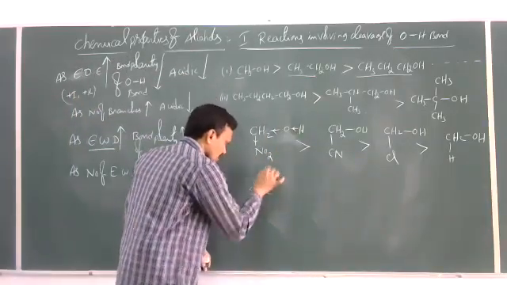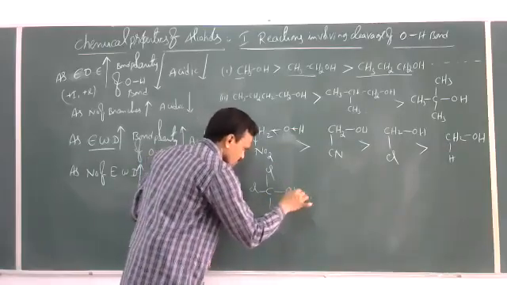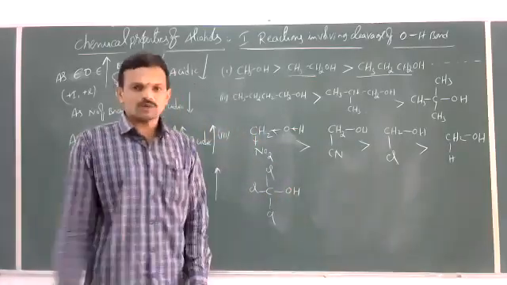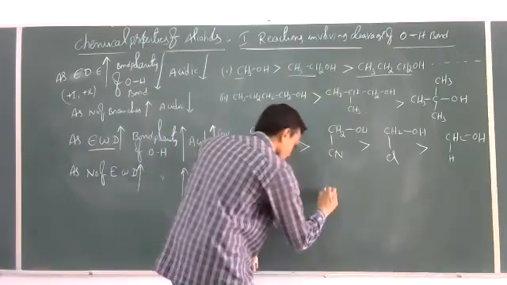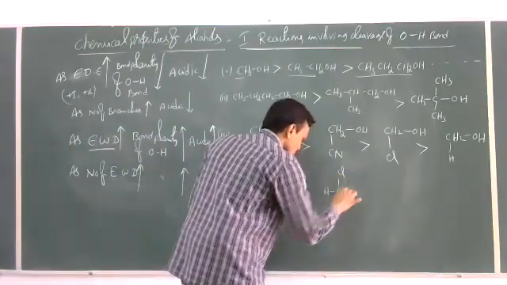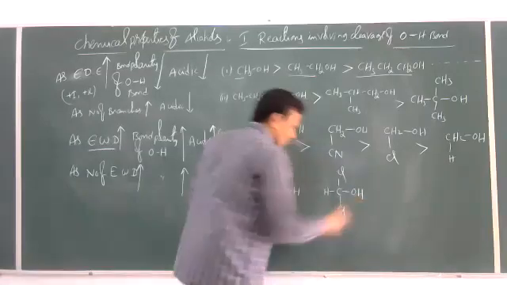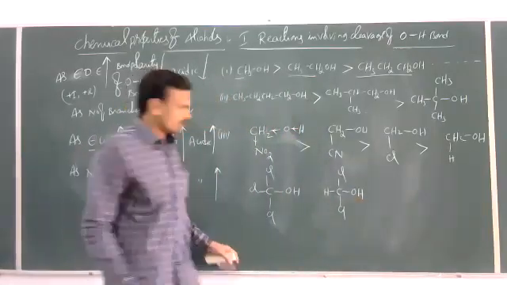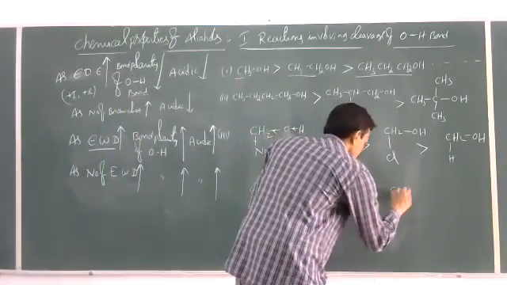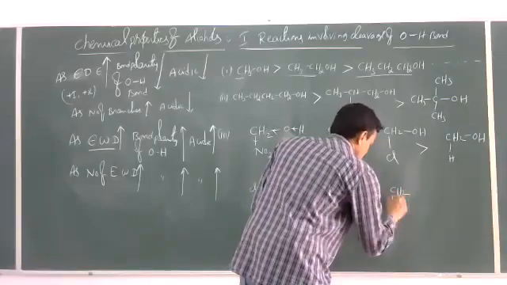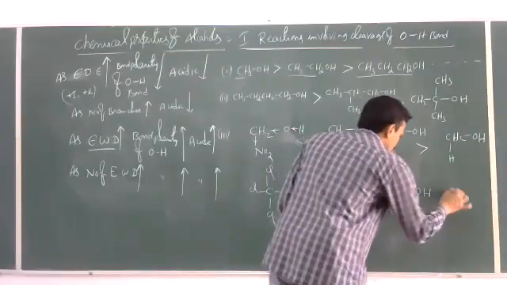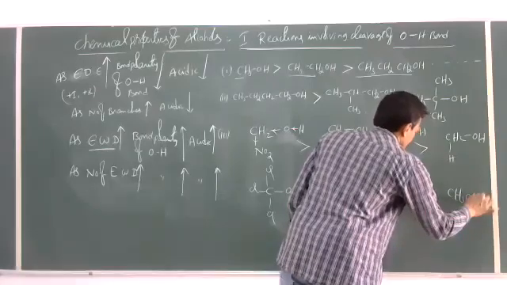CCl3OH, trichloromethanol. Next, CHCl2OH, dichloromethanol. Next, CH2ClOH, and then CH3OH.